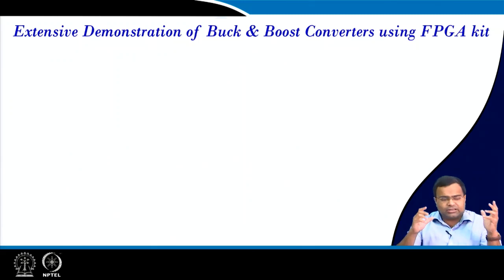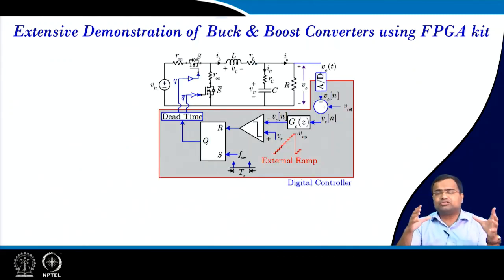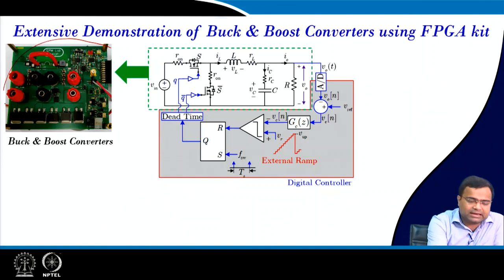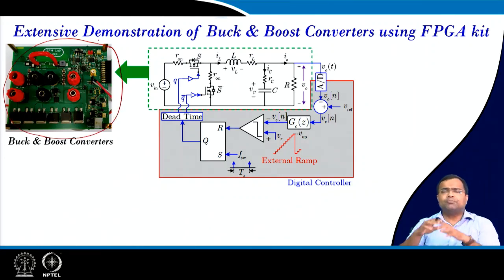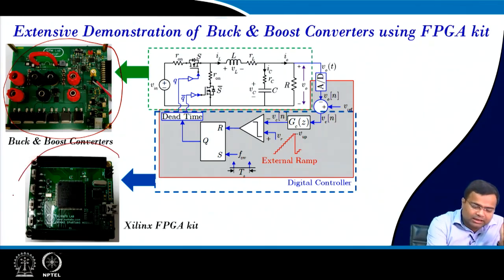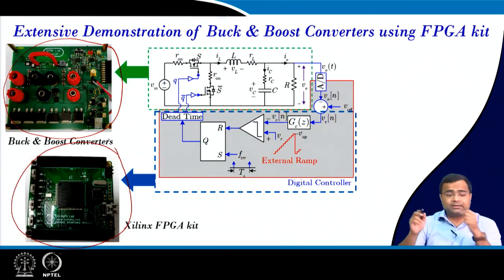Now, for the extensive demonstration using buck and boost, we will be using the FPGA kit, and as I have discussed, this is the buck and boost power stage. This power stage is made in house, and we will provide the bill of material, schematic and layout file. This is off the shelf, a commercial FPGA kit, and you can see the part number, we will provide it.